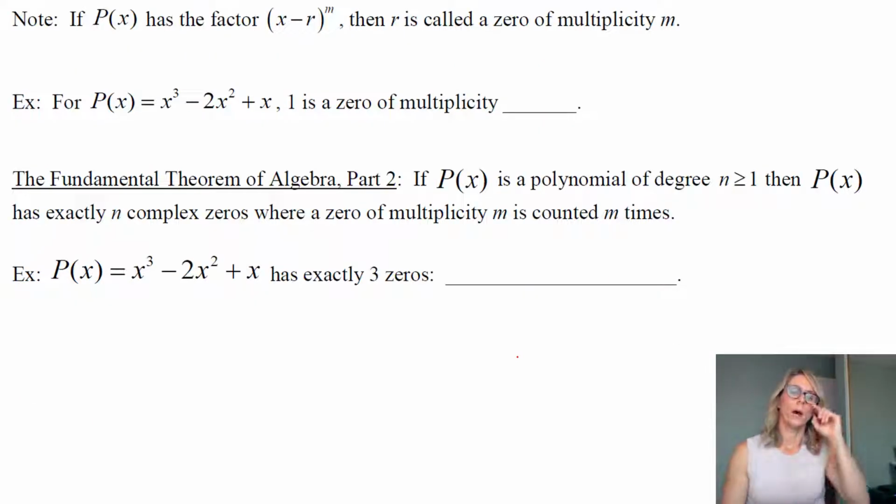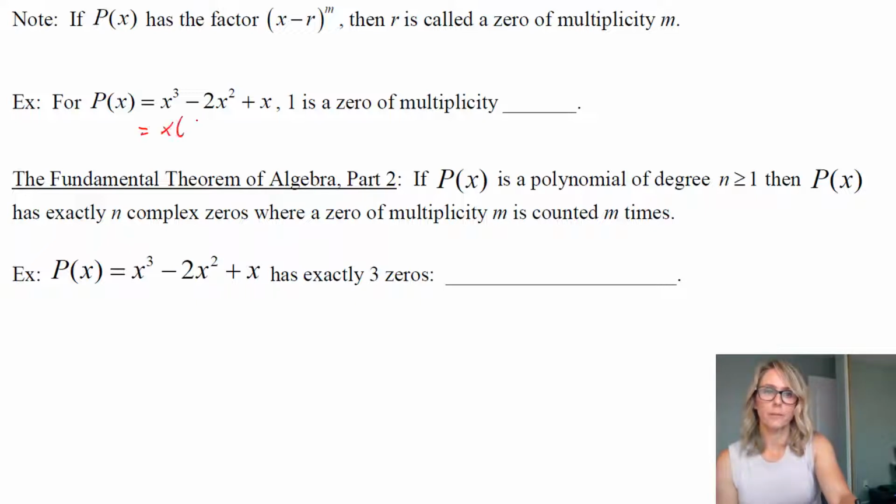Okay. Now, you could have, like we've already seen, x minus r, where r is the zero, raised to the power of m. Just remember, we just saw an example, right above there in the notes: x times x minus 1 squared.